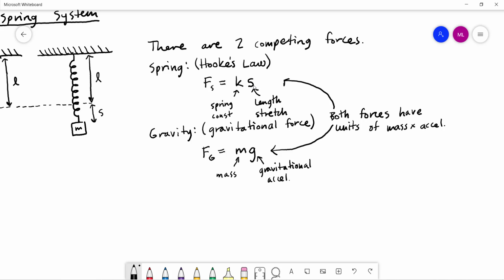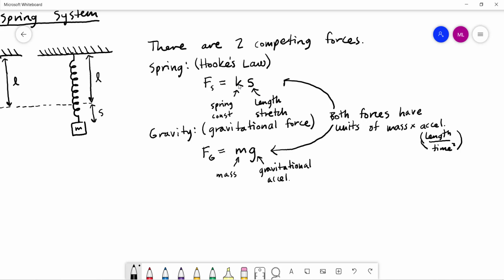So if s is a length, and we try to think about how we measure acceleration, usually acceleration can be thought of as meters per second squared, so like a length over a time squared. That would be the easiest way to write it. So this is length over time squared, and mass is obviously just going to be mass itself.